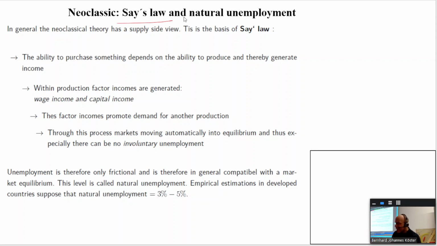Well, and then if you think of a supply-driven economy, then there are these goods. And then we assume that automatically, if there are some goods, then the demand is coming.